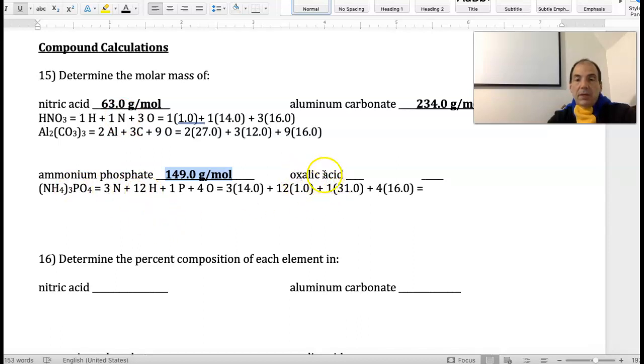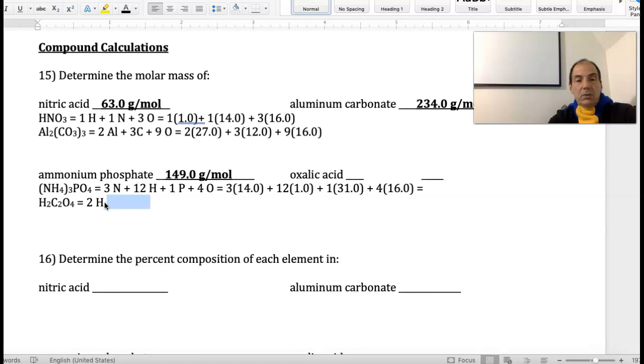All right, now we have oxalic acid. It's another ic. Ic means -ate. The oxalate ion is C2O4, and it's a -2 ion. And since it's -2, that means we're going to need 2 hydrogens in this acid. So it's H2C2O4. As I just said, there are 2 hydrogens in it.